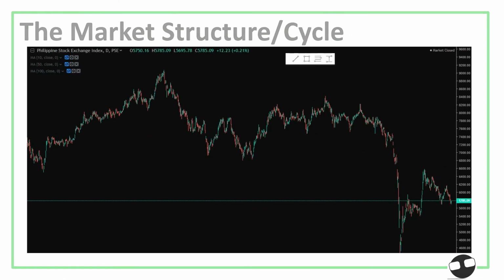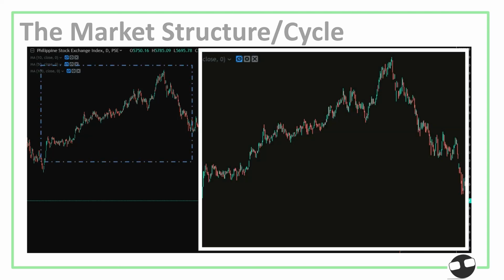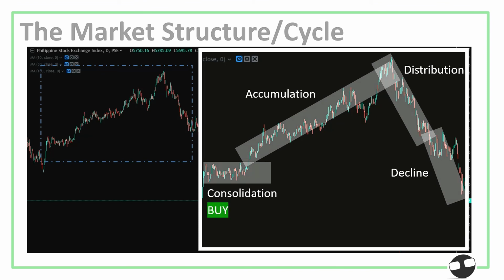Now, if you capture the same by looking at the market structure or trying to identify the cycle, it would give you this same picture. So we have here the consolidation. The stock or the index is trying to move sideways and waiting for a catalyst to determine its next position.